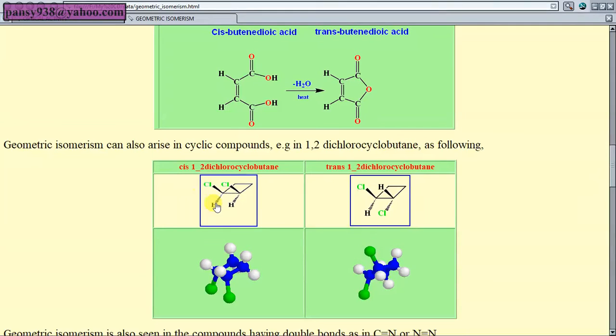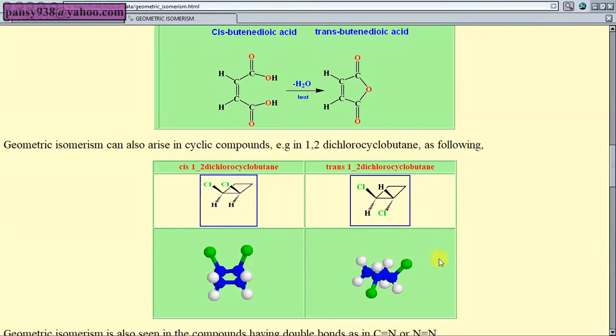When both of the chlorine atoms are on the same side, the compound is cis-1,2-dichlorocyclobutane, and when one of the chlorines is upward and the second one is downward, or at forward and backward positions, just like you see in the three-dimensional structure of the molecule. You see that this is the trans isomer and this one is the cis isomer.